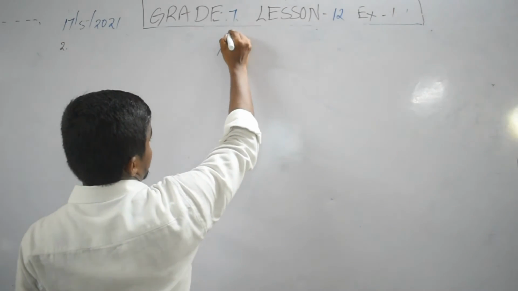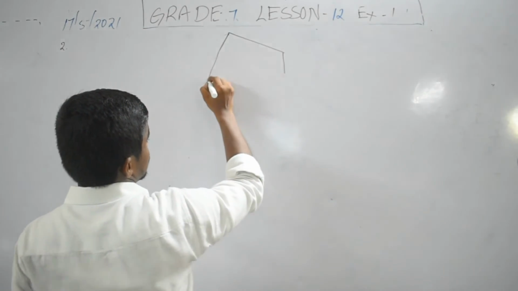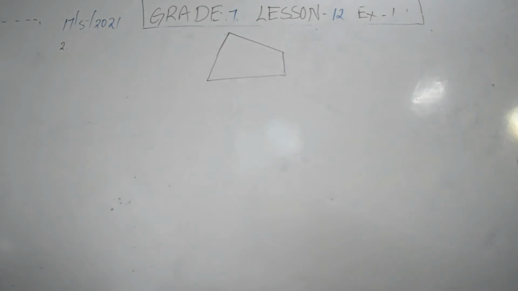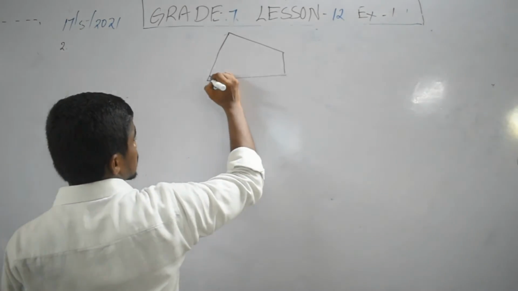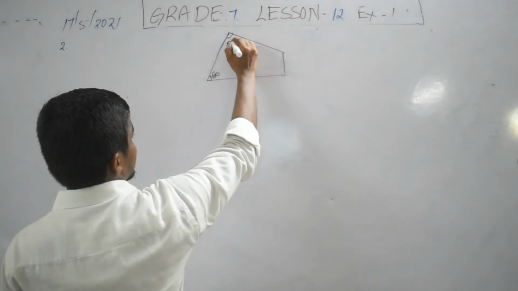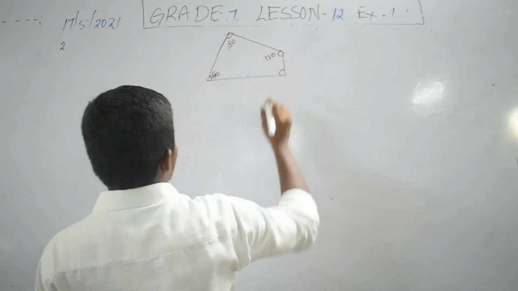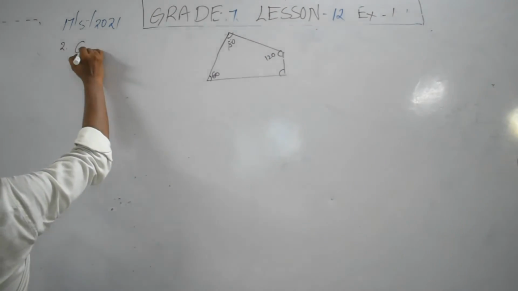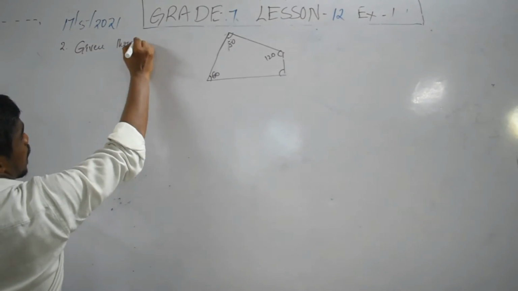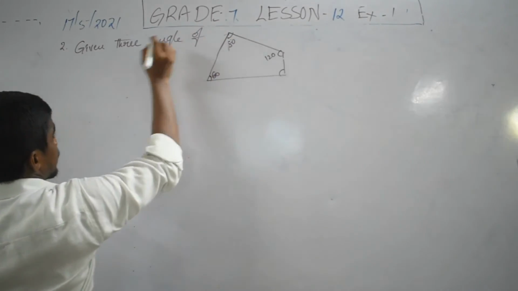Here 60, 80, 120. We don't know the fourth. Given three angles of a quadrilateral.